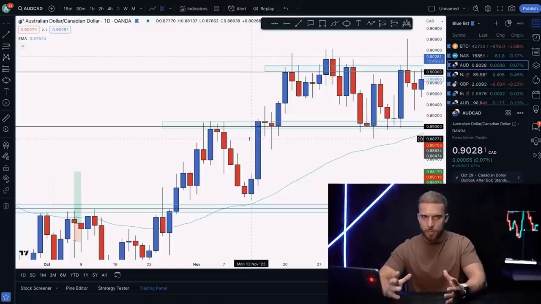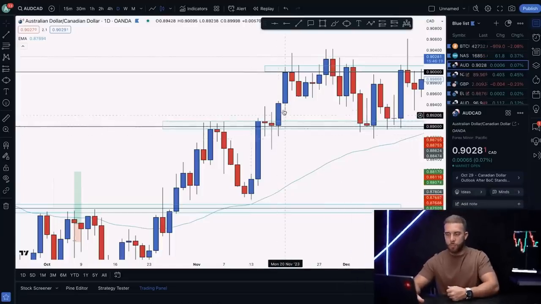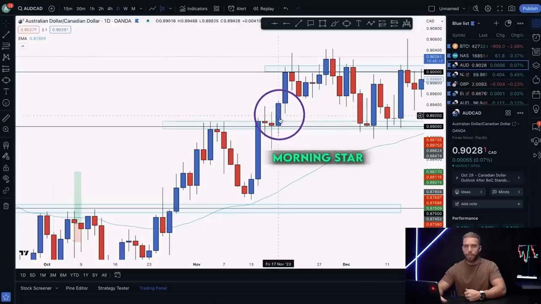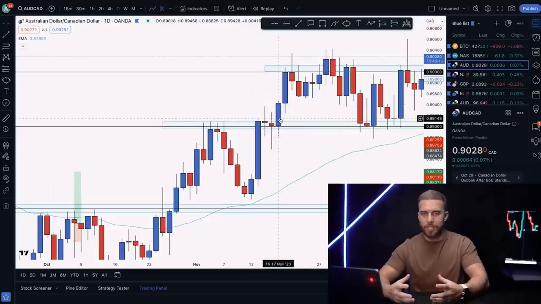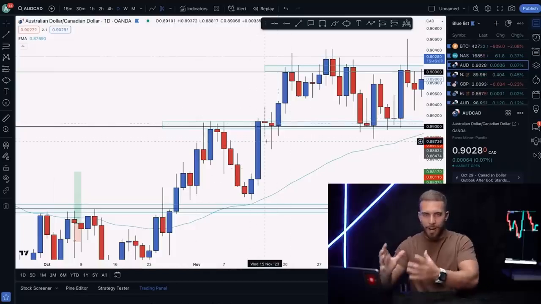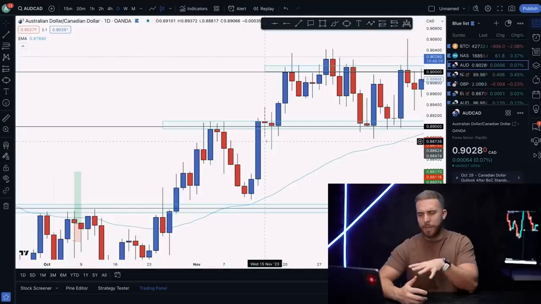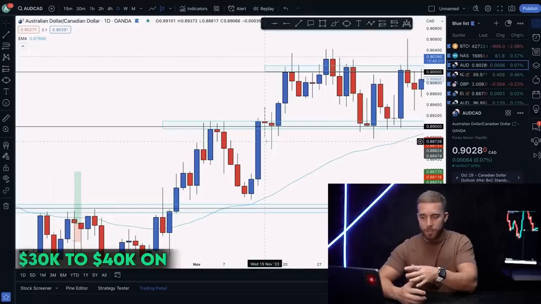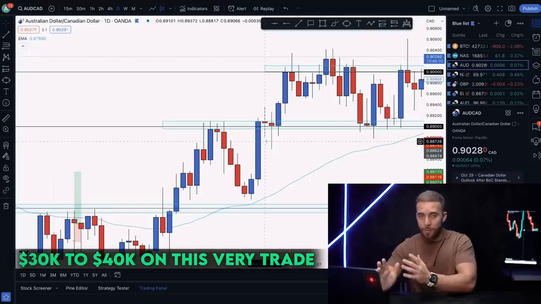This is the price action that you want to see for trend continuation. And then now you have your morning star bullish engulfing candlestick. This is key to now continuation with your trade, along with break and retest and all of this beautiful price action that you're seeing fall right in front of you. This is actually a trade that I caught myself, and I think I made around anywhere from $30,000 to $40,000 on this very trade that you're looking at right here.